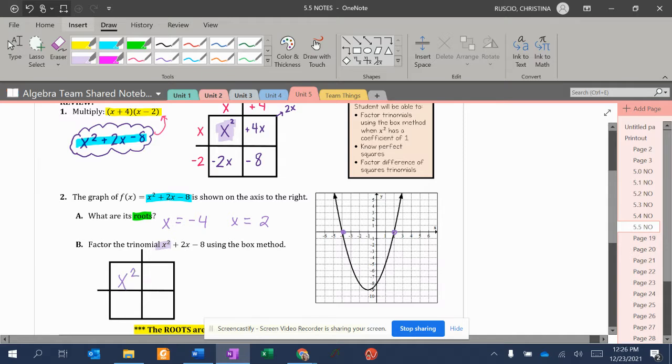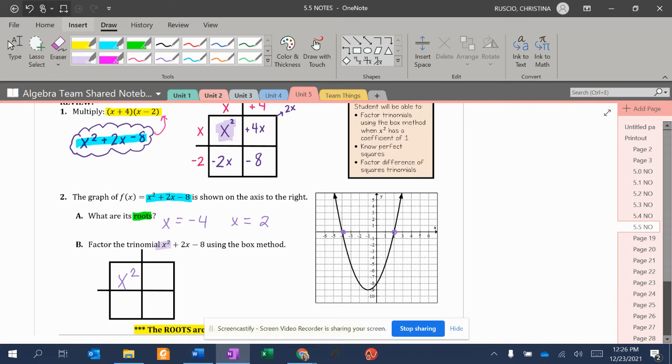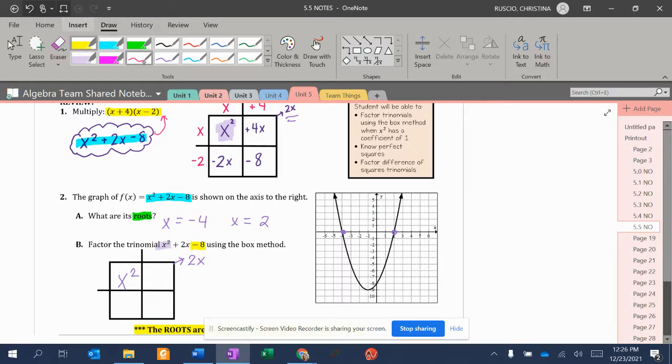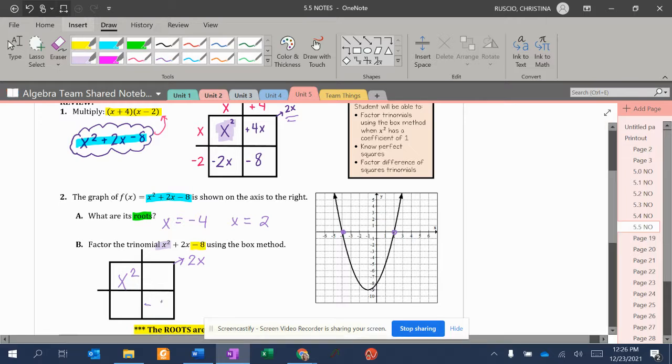Oh, we're starting with the inside and not the outside. This is weird. Okay, cool. And then that plus 2x, well, isn't that usually up top here in this corner? So I'm just going to write that there. And then this constant here of -8, that always falls down here in this bottom corner, okay?